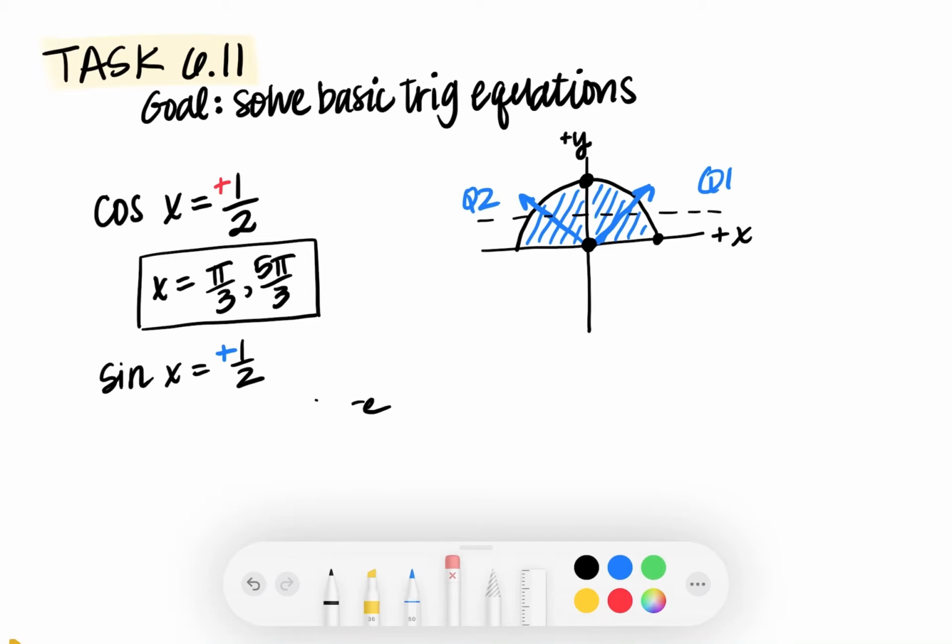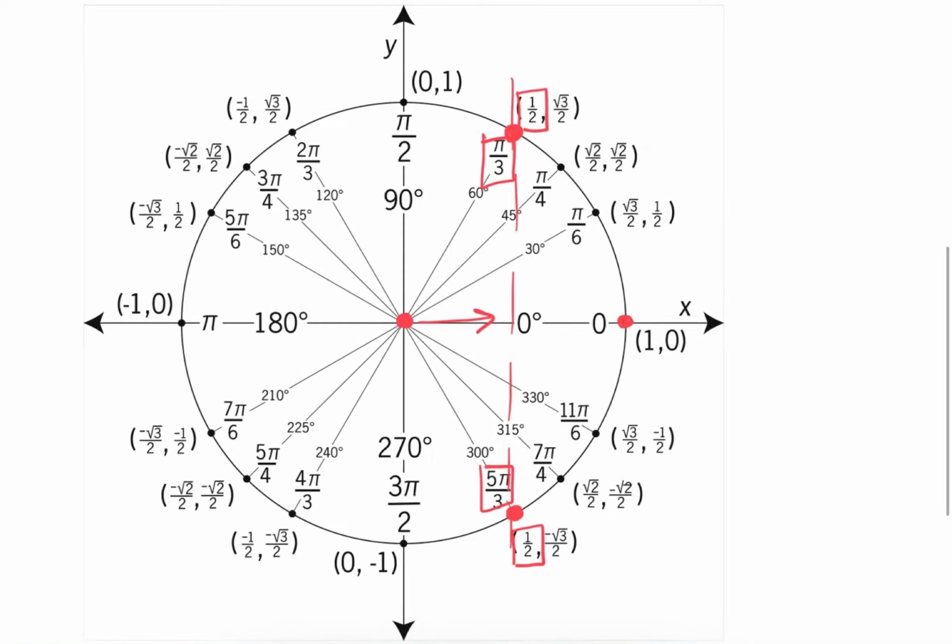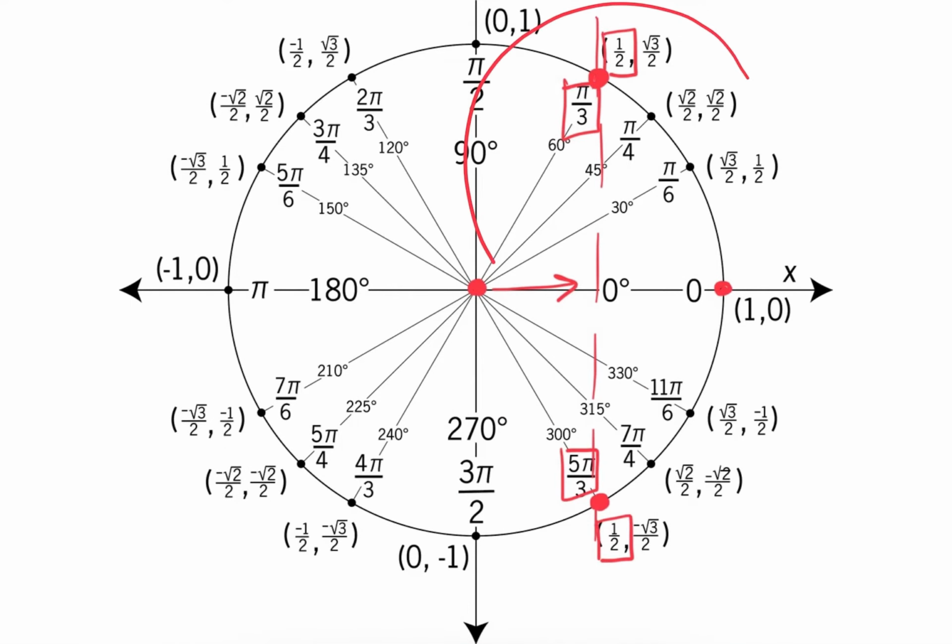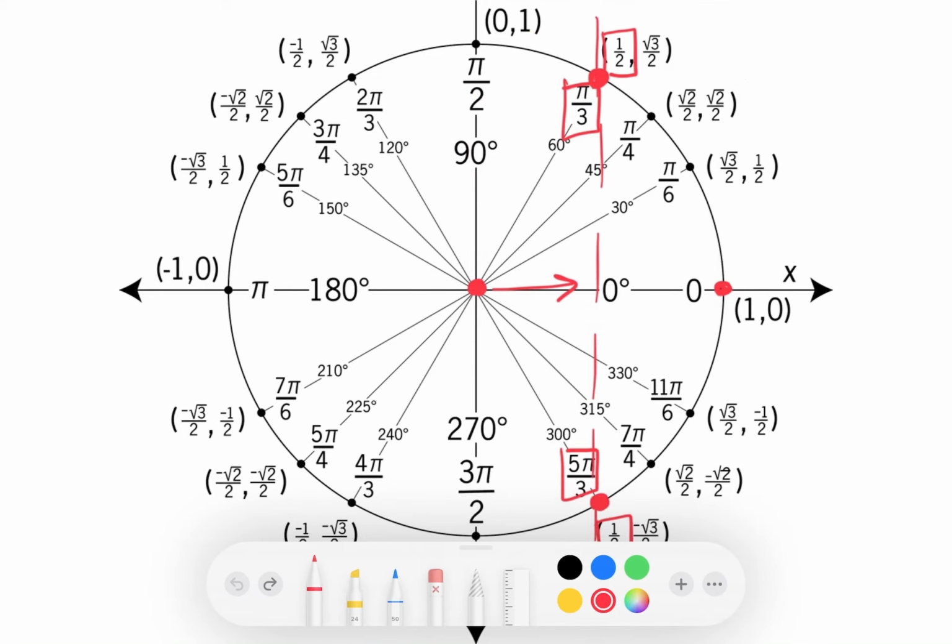So let's go to our unit circle again, looking at quadrant 1 and quadrant 2. So we're going to look here in quadrant 1 or here in quadrant 2, and about halfway between the origin and the edge of our circle. Again, I just ballparked where I thought halfway was, and it looks like my closest angles are right here at pi over 6 and the matching angle 5 pi over 6.